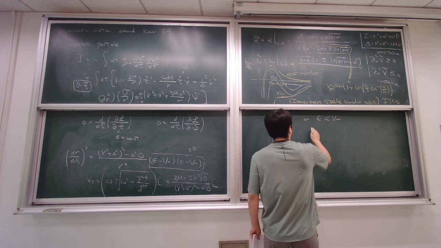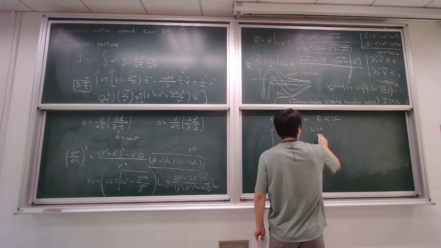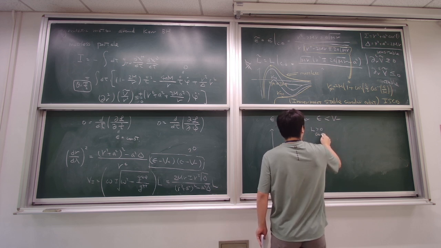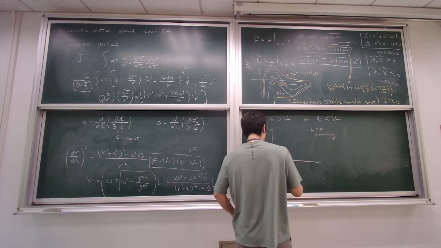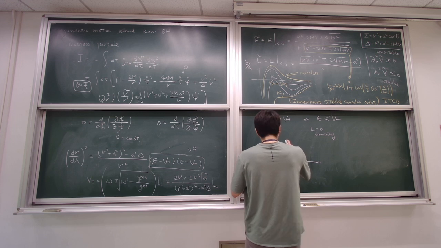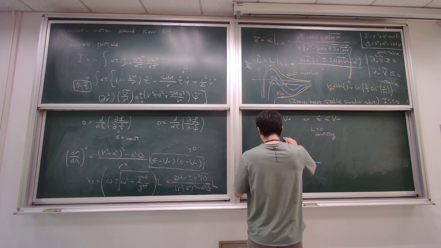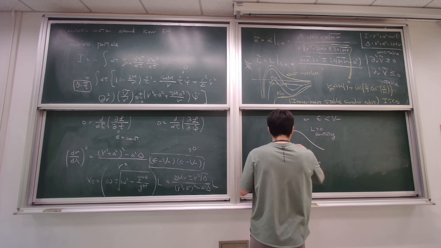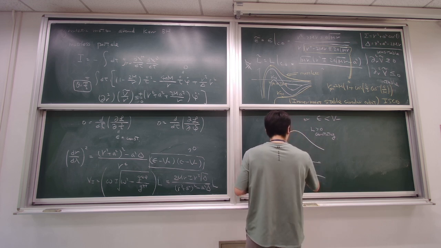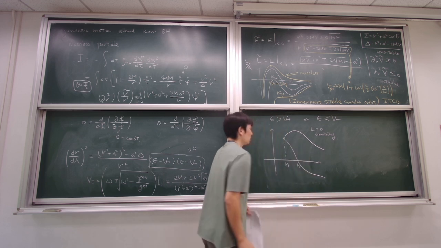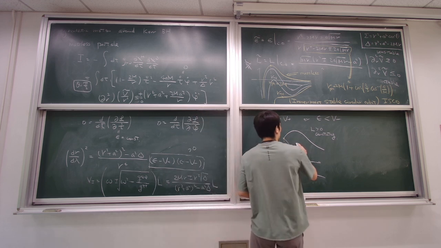So L is positive, which means they are co-rotating in my notation. Co-rotating. Then there is something like this. This is R0, R plus, and this region is excluded.